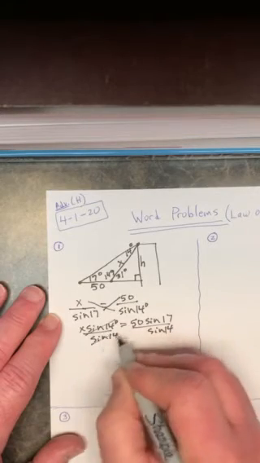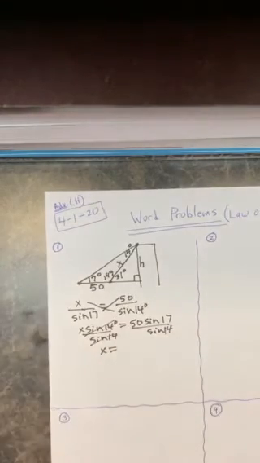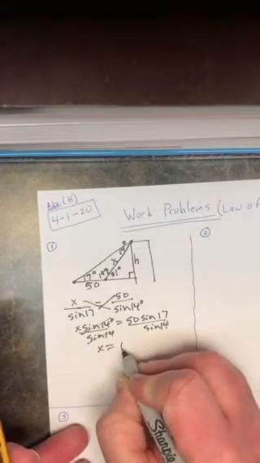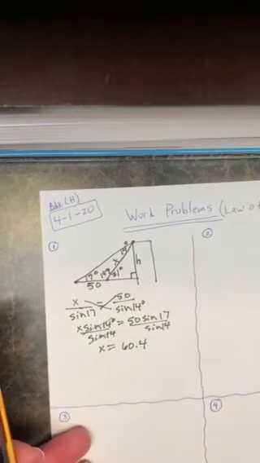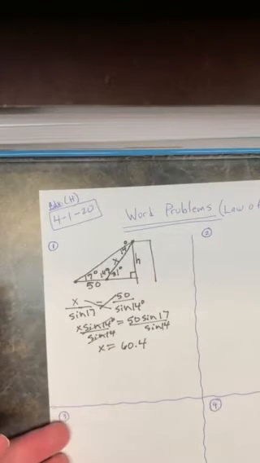And basically, when those cancel out, side X, that missing side I was looking at, I've got my calculator right here. I'm going to push 50 sine 17, hit enter. Divide that by the sine of 14, hit enter. And it looks like the missing side is 60.4. Again, we'll go to the nearest tenth.